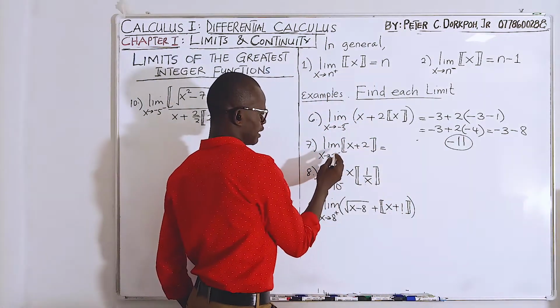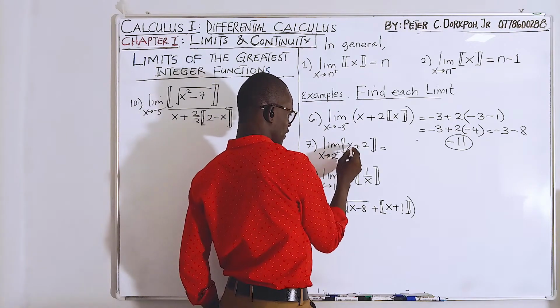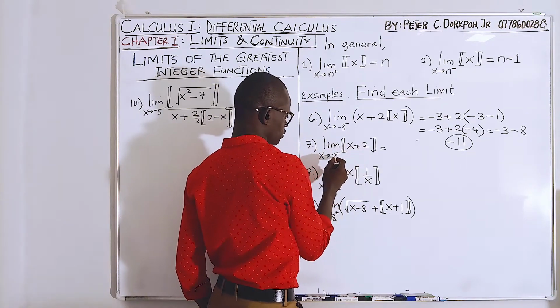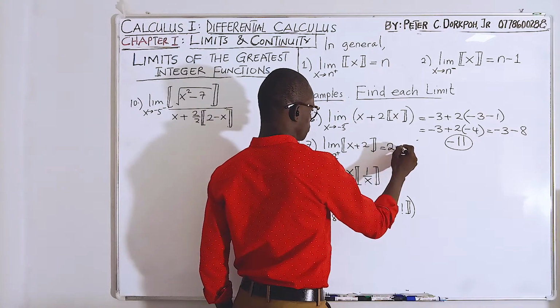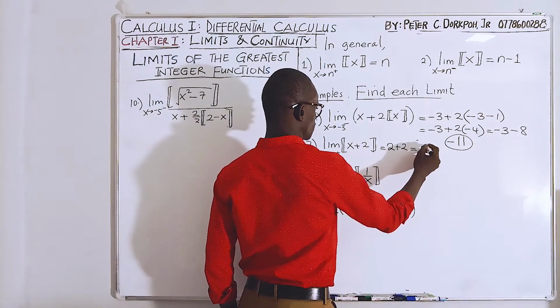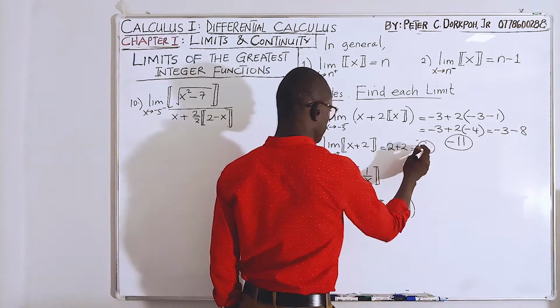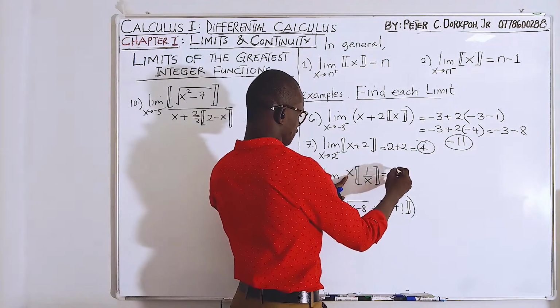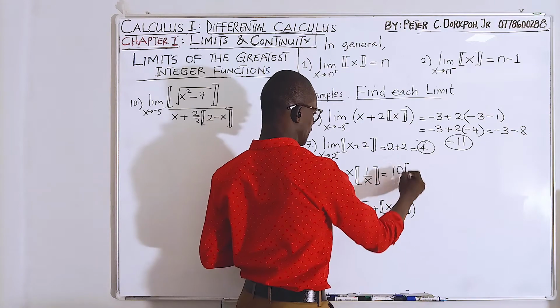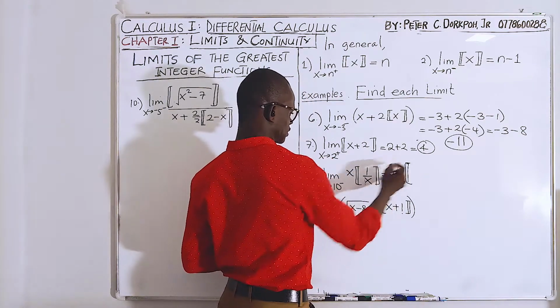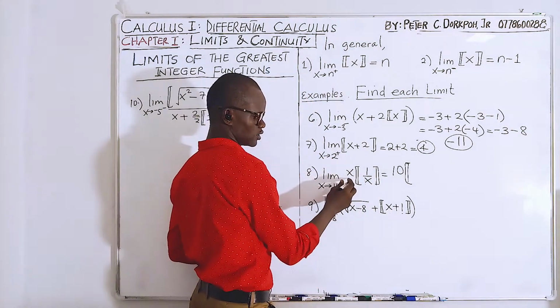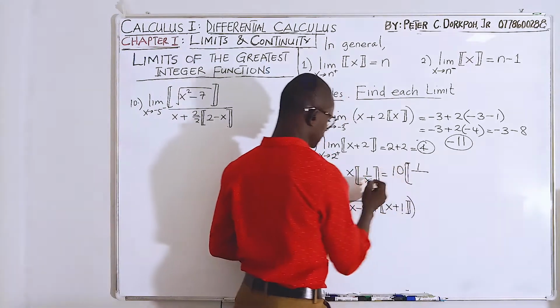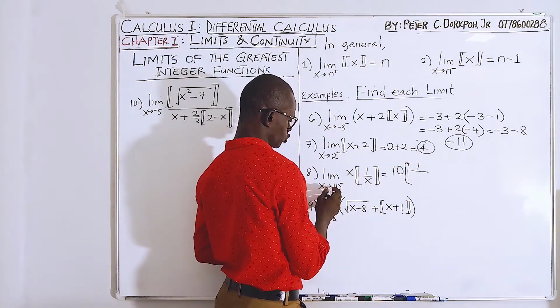So minus 8 minus 3 is minus 11. The second case, you have the limit of the greatest integer of x plus 2 as x approaches 2 from the right. So this one is just 2 plus 2, which equals 4. For this one we apply the limit. You have 10. We can apply the limit on the first x because it does not have any greatest integer symbol, so it is what is inside that we apply the property to.